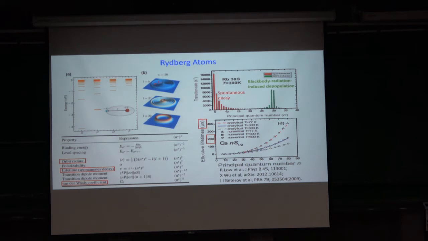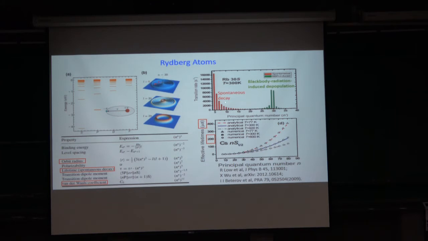However, there are some bad effects you need to worry about. For example, a Rydberg atom might spontaneously decay to the ground state. Here shows n equal to 30, the spontaneous decay rate to n equal to 1, 2, 3, 5.